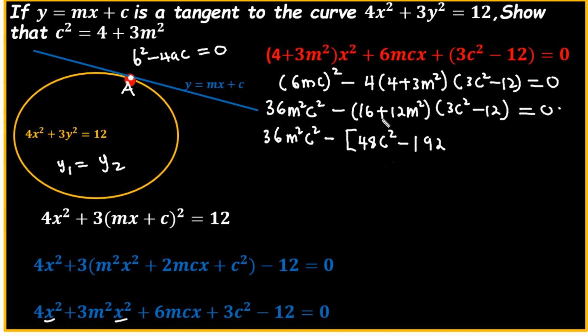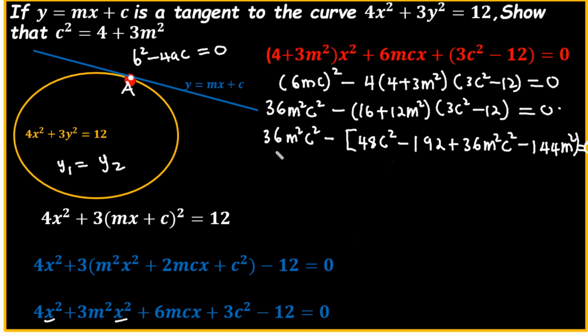Then 12m squared times 3c squared, I'm going to obtain 36m squared c squared, then 12m squared times negative 12, I obtain negative 144m squared, and everything is equated to 0.